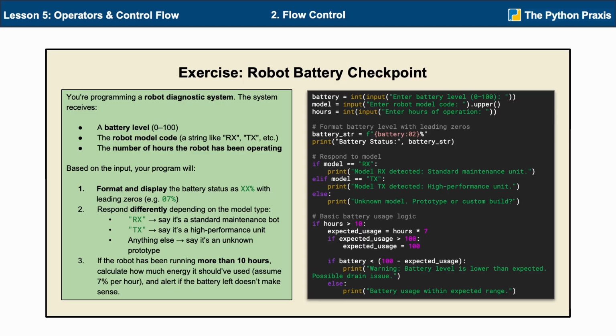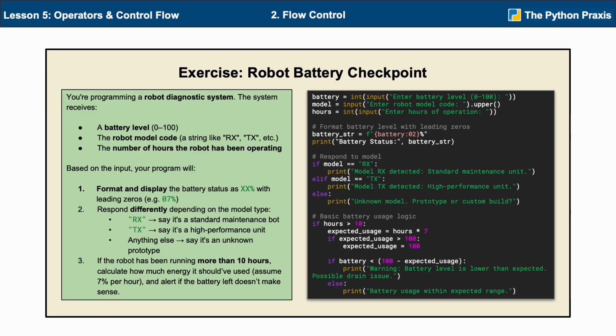If this condition is true, it means that the robot is consuming more than expected. And in this case, our code prints the warning message, "Warning, battery level is lower than expected. Possible drain issue." In case this last if condition is false, the else block of code is executed and the following message is printed: "Battery usage within expected range."